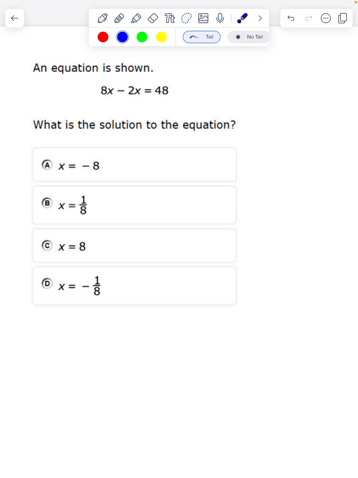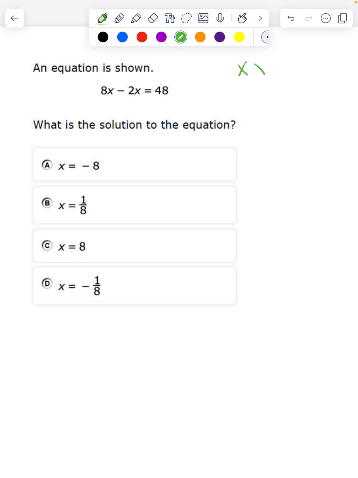So instead of x, I'm going to say this is 8 unicorns, and I'm going to take away 2 unicorns, right? And so because it is unicorns and unicorns, because they are both an x value, we can combine them. And in this case, it is a subtraction. So if I have 8 unicorns and I take away 2 unicorns, I am in fact going to have 6 unicorns.